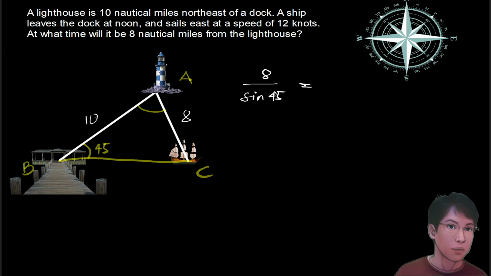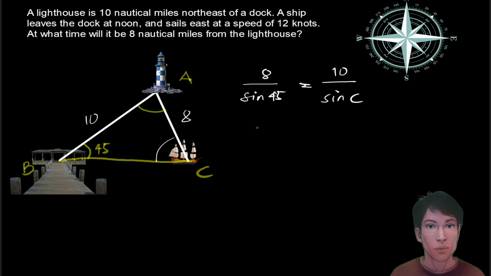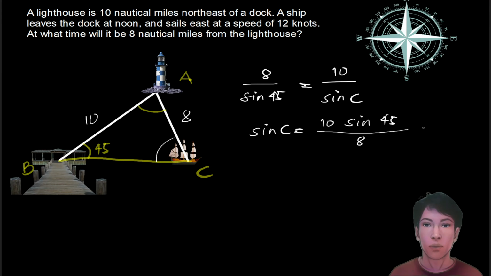10 over sine C. Sine C is 10 multiplied by sine 45 over 8. So sine C, and this gives us how much?